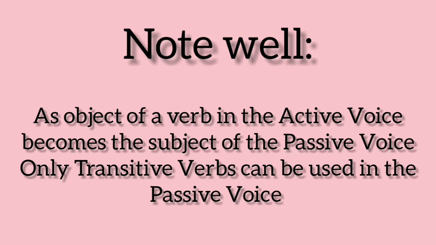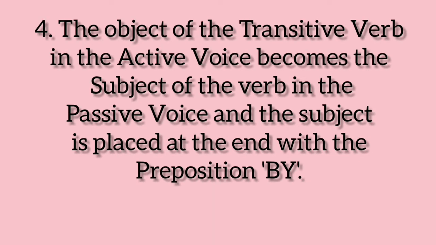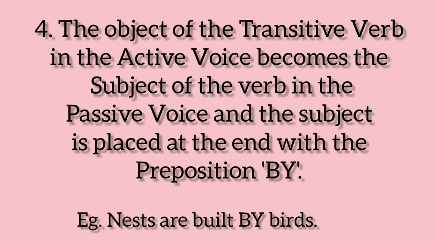And when the verb is changed from the active to the passive voice, the object of the transitive verb in the active voice becomes the subject of the verb in the passive voice, and the subject is placed at the end with the preposition by. Birds build nests has become nests are built by birds.